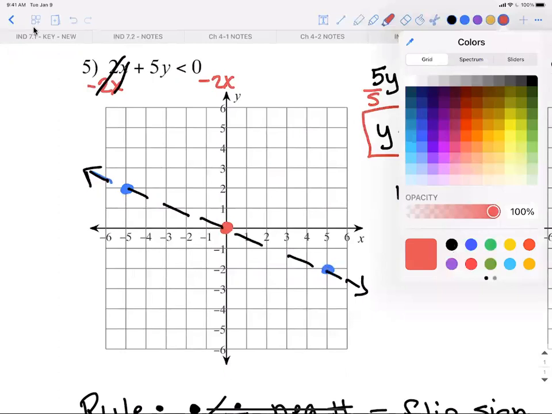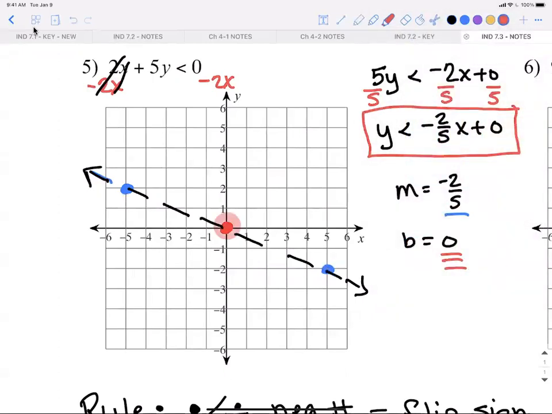Then put your pencil right on your b, and then look at it. It's all y's less than 0. Well, these are the y's that are less than 0, which means I'm going to shade this bottom portion.